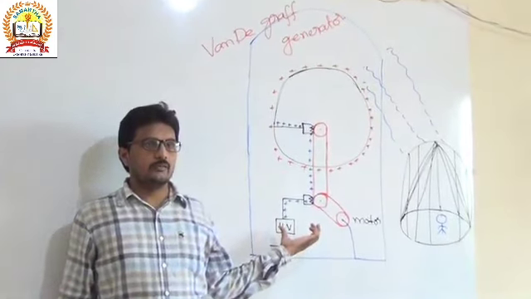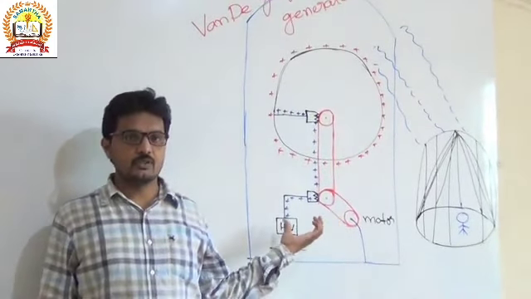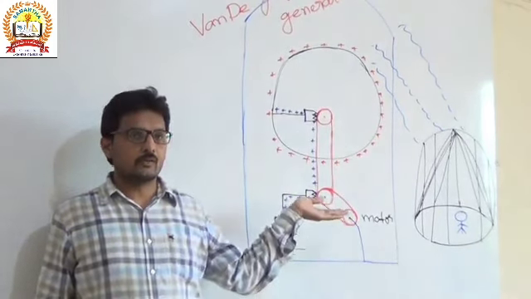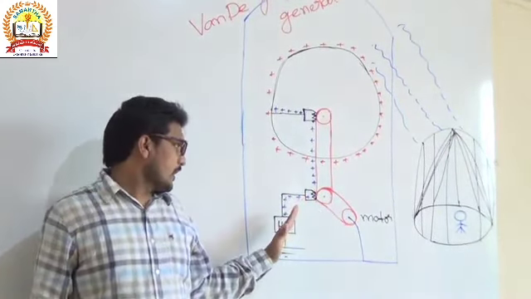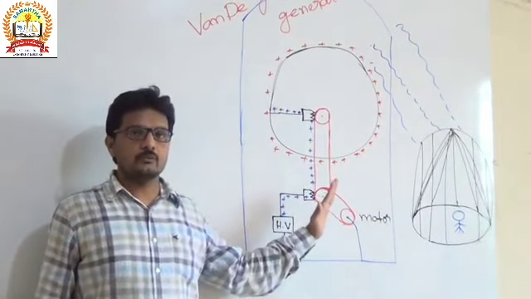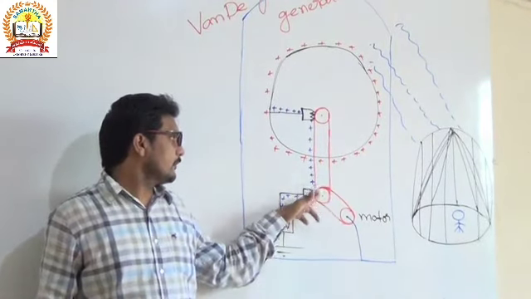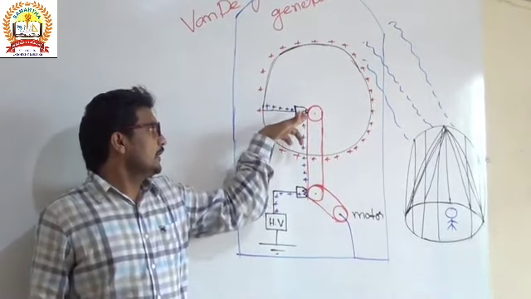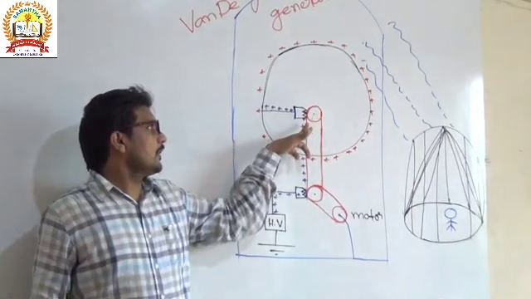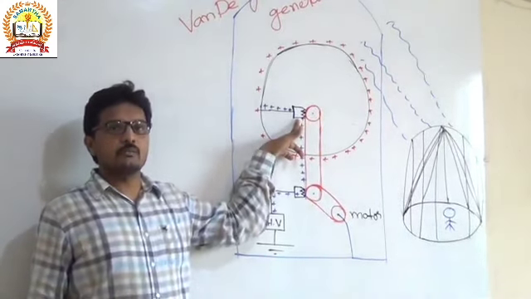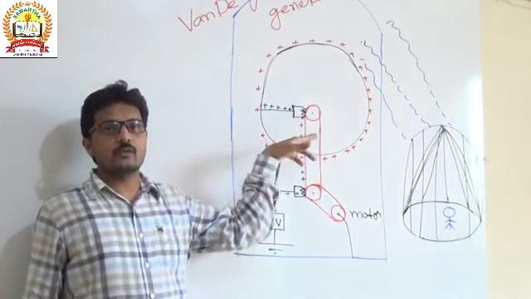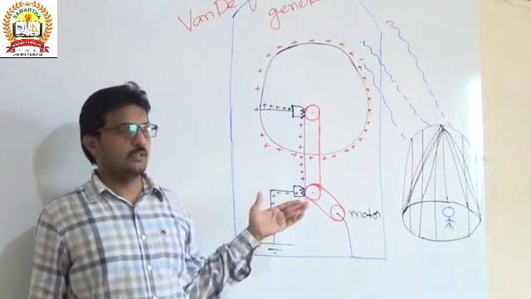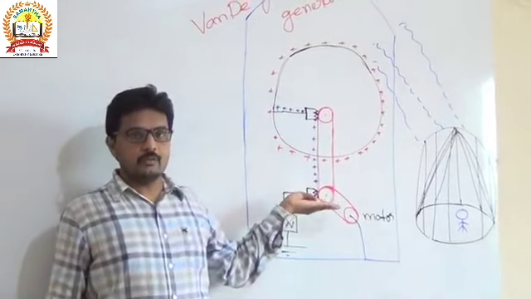When we supply high voltage to the bottom of the wheel with the help of the emitter cone, the charge passes through the emitter cone, and if you observe the diagram, these charges move in the upward direction. For the upper wheel we have connected one more cone, called the receiver cone, which receives the charge from the emitter cone.